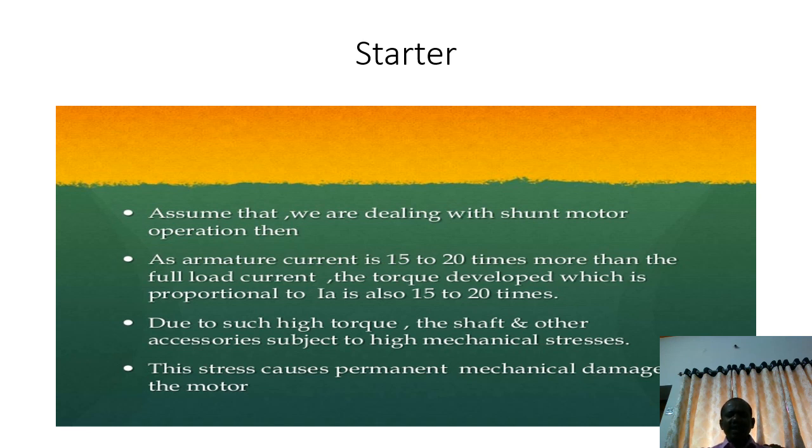Due to such higher torque, the shaft and other accessories are subject to high mechanical stresses. These stresses cause permanent mechanical damage to the motor. We observed this in the previous class also in the case of DC motors.